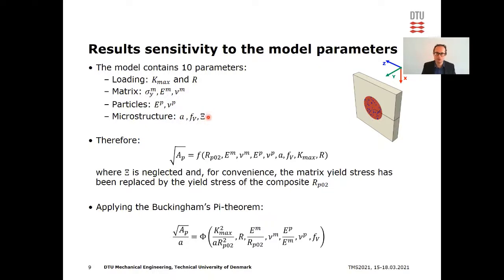So if we just neglect this psi parameter as a first approximation, then we can write that the size of the plastic zone has to be a function of all these remaining 9 parameters. And here for convenience, we just replace the yield stress of the matrix with the yield stress of the composite. This is something that is more easily accessible in experimental investigations.